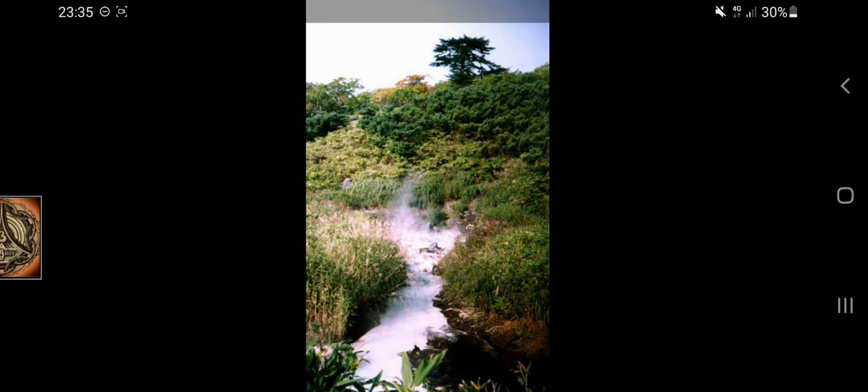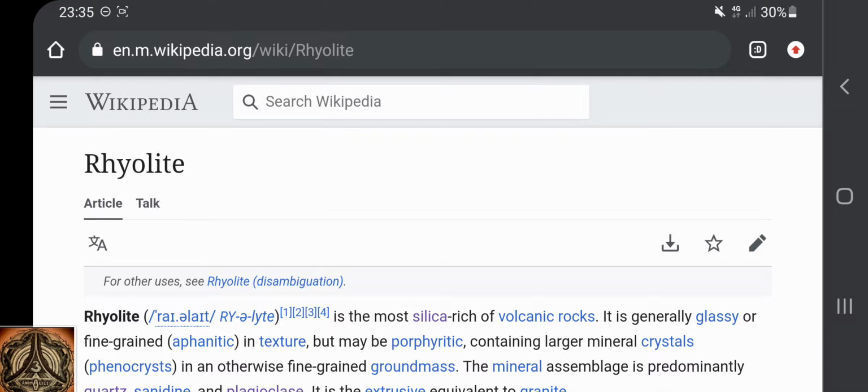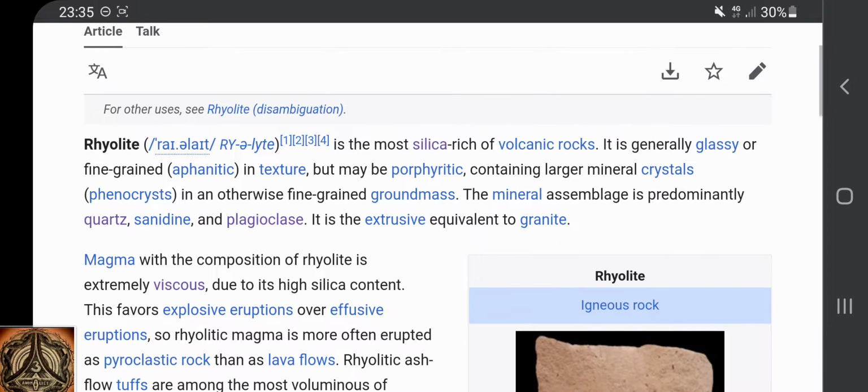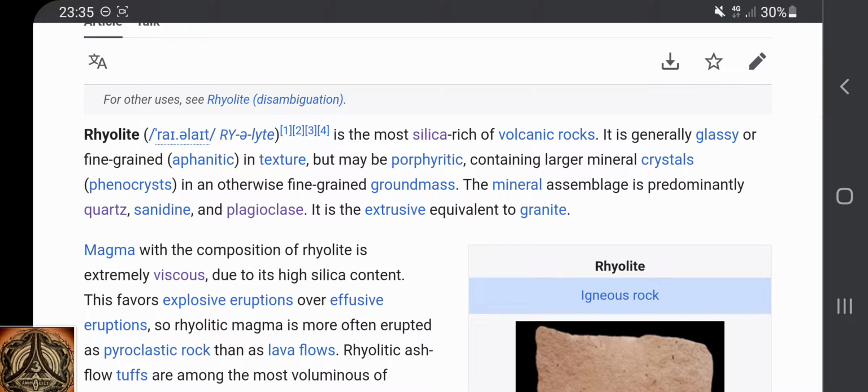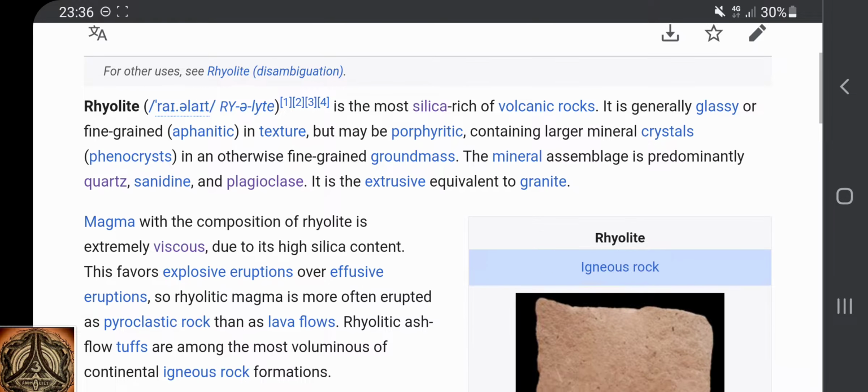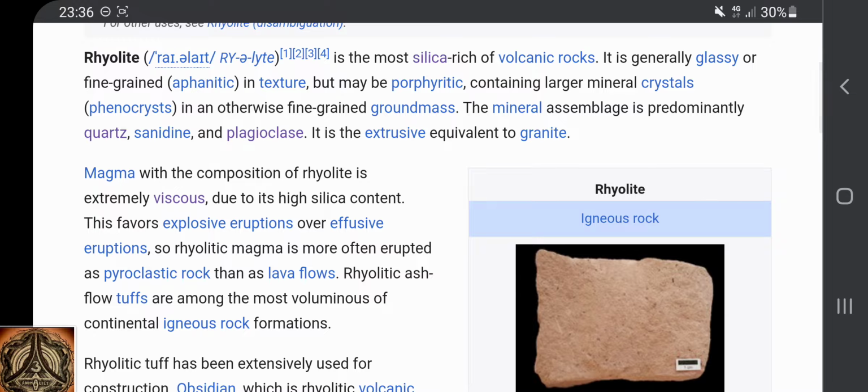Rhyolite lava is the most silica-rich of volcanic rocks. It is generally glassy or fine-grained. In an otherwise fine-grained ground mass, the mineral assemblage is predominantly quartz, sanidine, and plagioclase. It is the extrusive equivalent to granite. Magma with a composition of rhyolite is extremely viscous due to its high silica content.